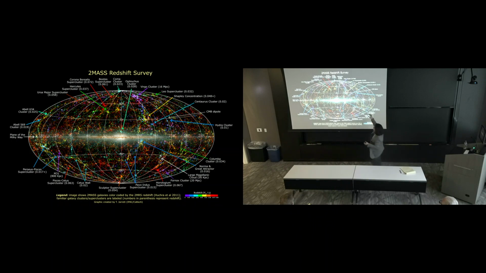The plane of the Milky Way, our galaxy, is in the center, and there's a bit of color coding by distance. This is an all-sky map at a particular redshift, looking for even more galaxies, although not as deep. It doesn't see as faint galaxies as Hubble does, but they wanted to see everything all over. These are sort of the trade-offs of doing astronomy. Look at everything or look at one thing very deeply.